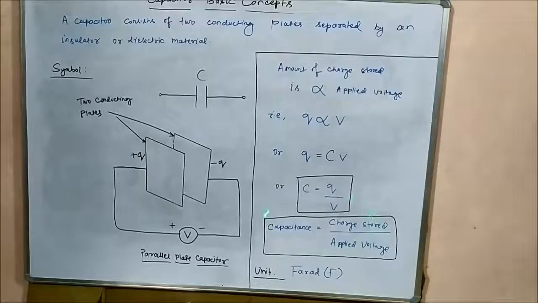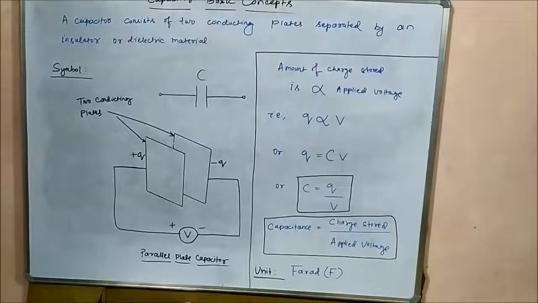So in simple terms, we can say that the capacitance is the ratio between the charge stored by the parallel plate capacitor divided by the voltage which is applied across the two plates.